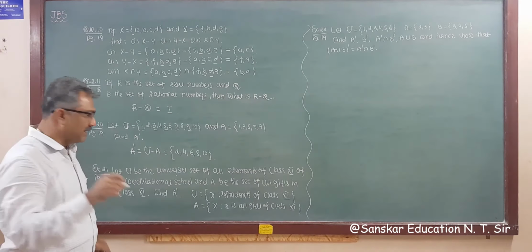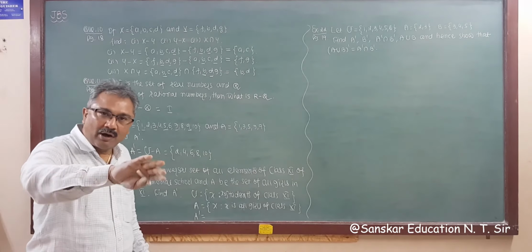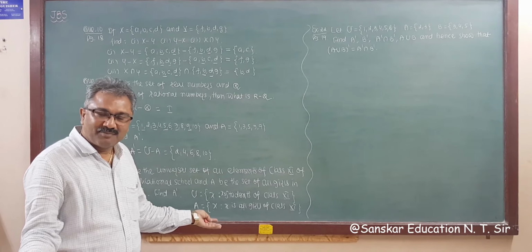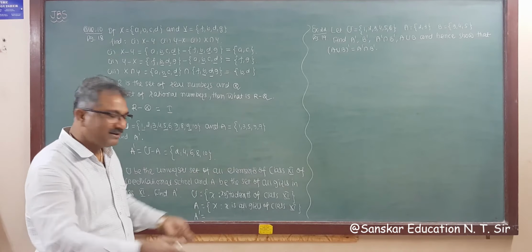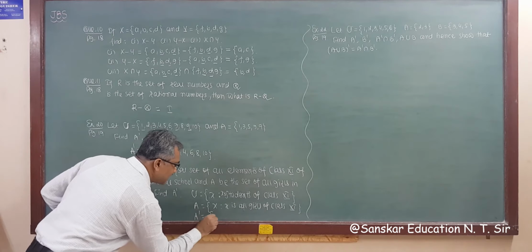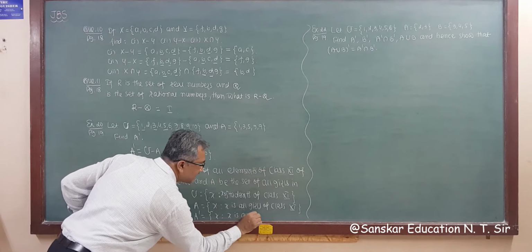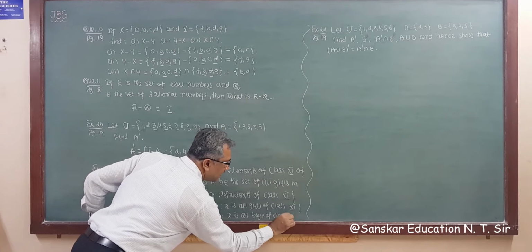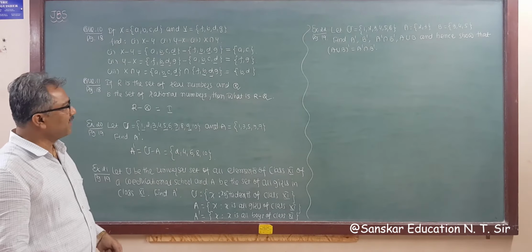If you want to find A dash, then A dash is remove all girls from U, which means remaining is all boys of class 11. So A dash is {X, where X is all boys of class 11}, right? So this is your complement set.